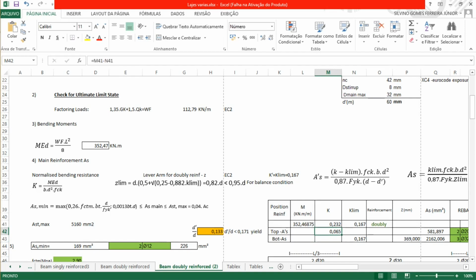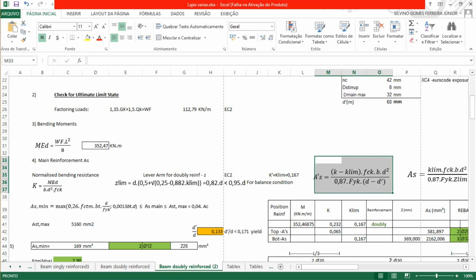So from here we can simply go to the equation and replace all the values. Since we have this K, 0.065 multiplied by FCK, that is 30, multiplied by B, 250, multiplied by D, that is 450, elevated by 2, over 0.87 FYK, that is the S500 we are still using, multiplied by D, again 450, less 60 millimeters.